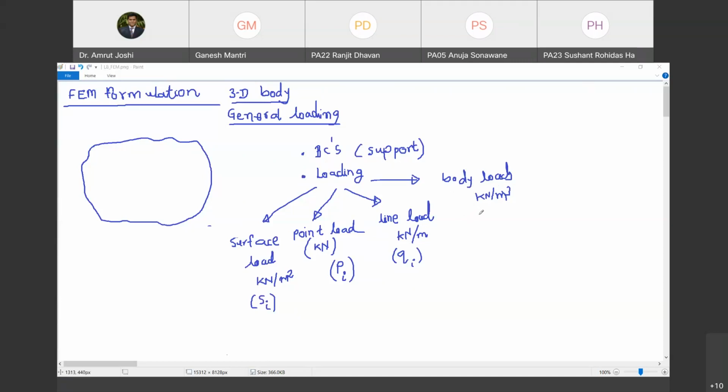So for body loads, let us use the notation gamma i. Are you with me? Yes, sir. So let us say there are n body loads. So you will have gamma 1, gamma 2, gamma 3, gamma 4, so on and so forth, on particular volumes of the body. Happy? Yes, sir.